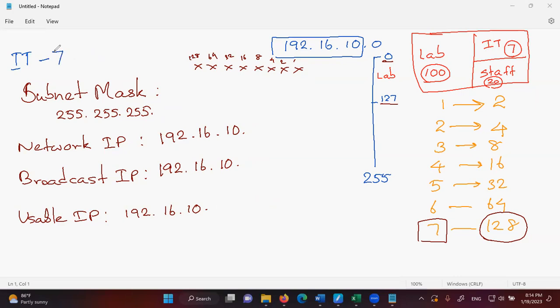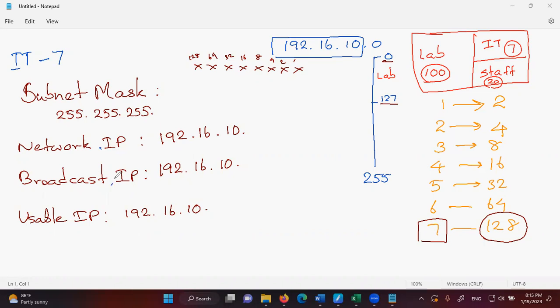They have 7 computers. So again, they need another 2 addresses, right? One for network, the other one for broadcast. So this 8 block will be enough for the computers, but there are another two addresses. One is the network IP, the other one is the broadcast IP.